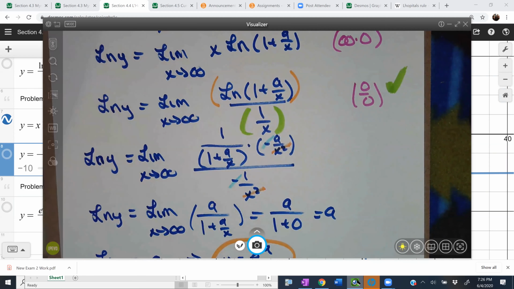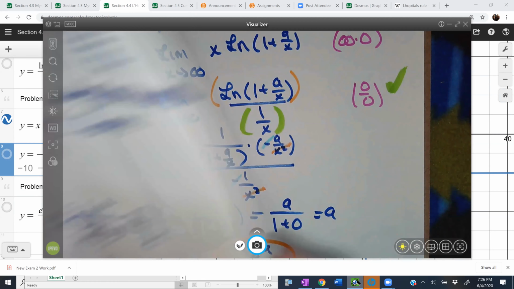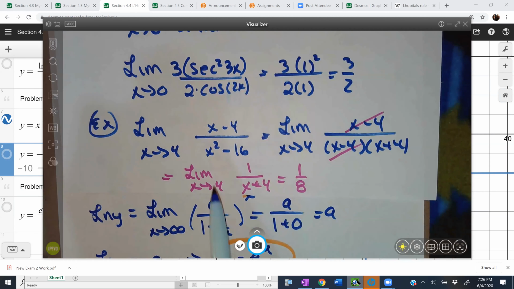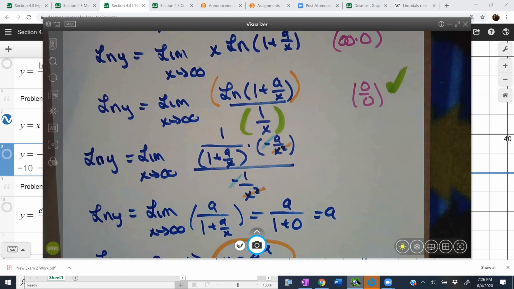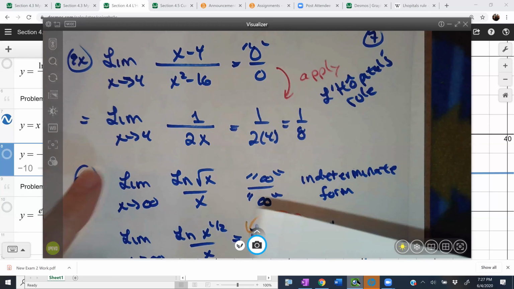We started this section by doing one in 2 different ways. It was this one right here. I said, hey, look, you can factor it and do it that way. There's nothing wrong with doing it that way. The fact that we ended up doing it with L'Hopital's rule was fine.